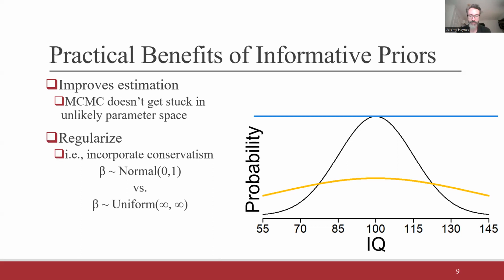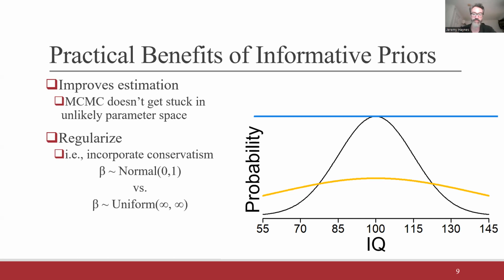Now, if we set a uniform prior, we're saying that this effect could have any range of values. It could be extraordinarily high. However, if we use a little bit more of a conservative approach and we say, look, we want to test this effect. However, we do want to center it around 0.